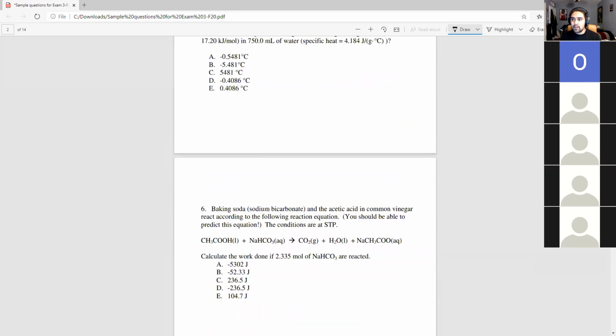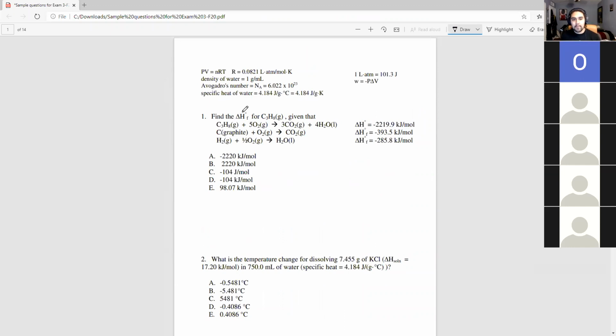All right, so our first problem. Here we're asked to find the enthalpy of formation of C3H8 in the gas phase. This problem is pretty difficult if you don't understand what enthalpy of formation means. What does the enthalpy of formation mean?